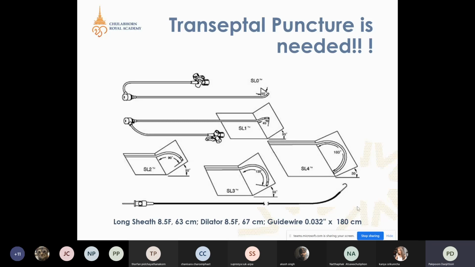This long sheath will be used as an approach of the catheter into the left atrium.